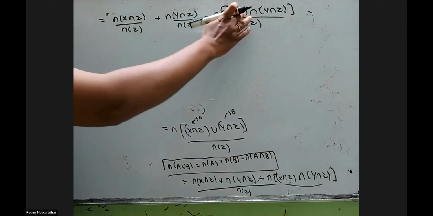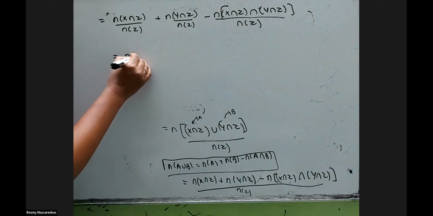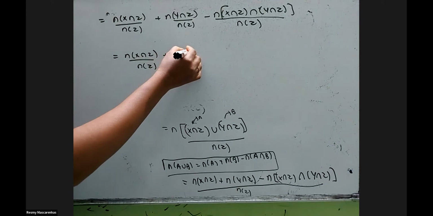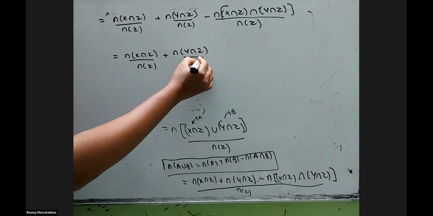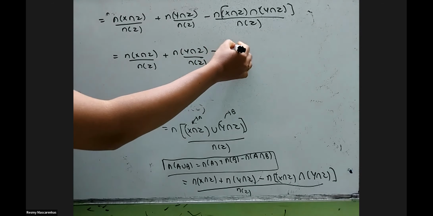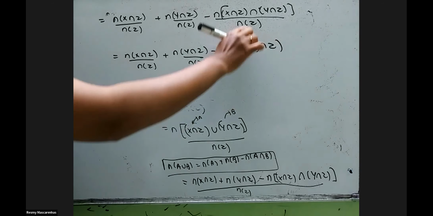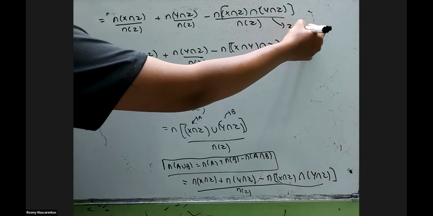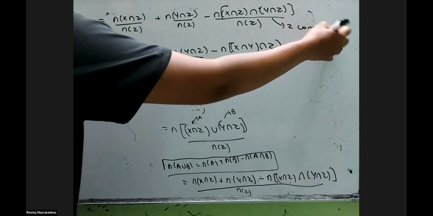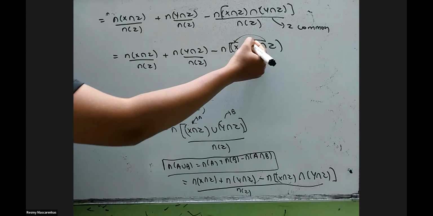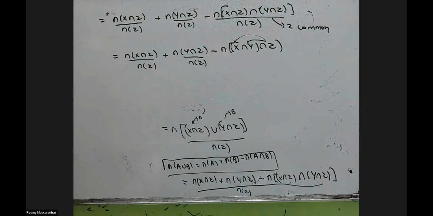In both the places, Z is common, so I'll just take Z common. Intersection Z. When you apply to both the places, you will get back the same thing.